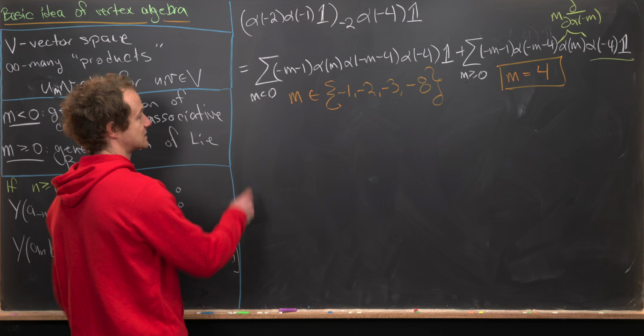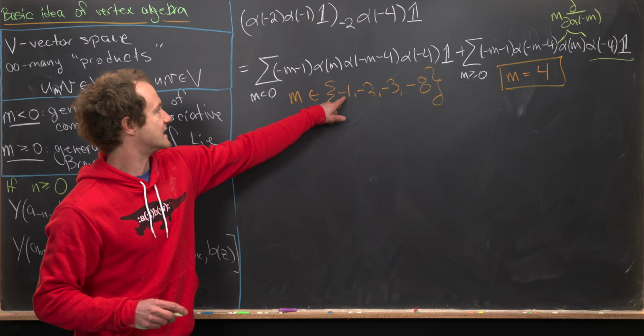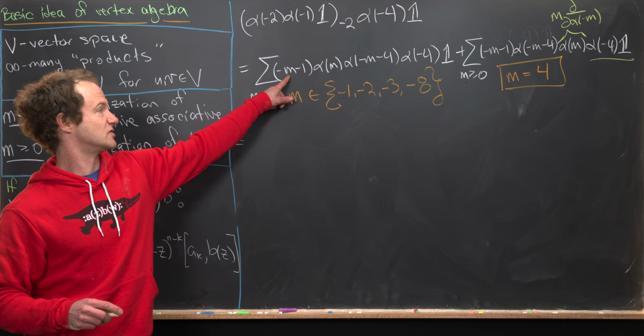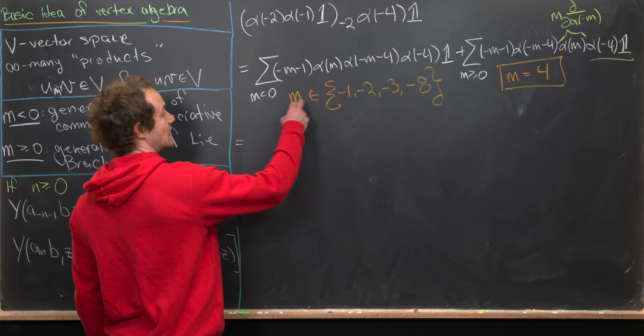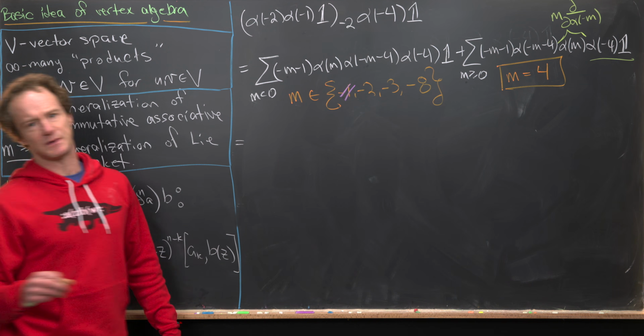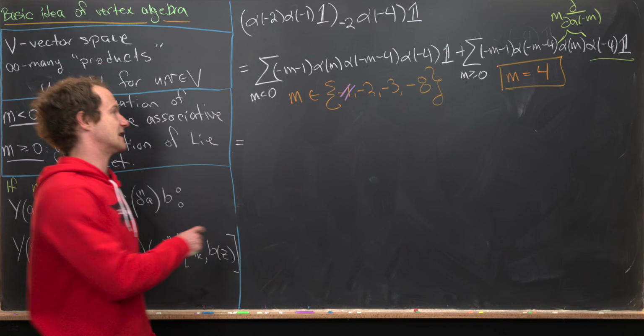Okay, so now that we've got all of these values of m sorted out, we can expand this out. So let's see what we get. For m equals -1 in this first sum, notice that's going to make this thing just disappear. So that actually doesn't count at all. This is an allowed value of m, but that gives us 0 just because of that term right there. So that means we need to look at m equals -2.